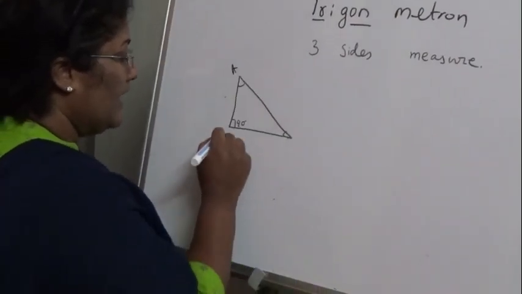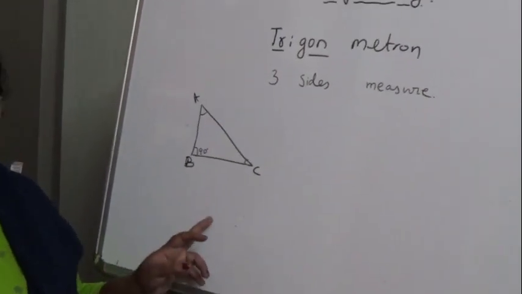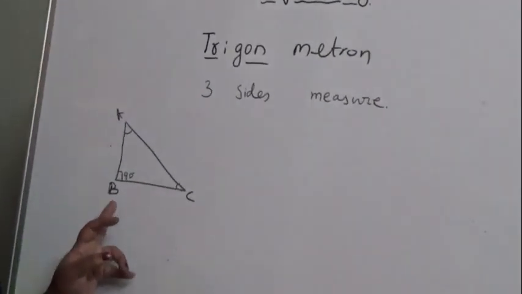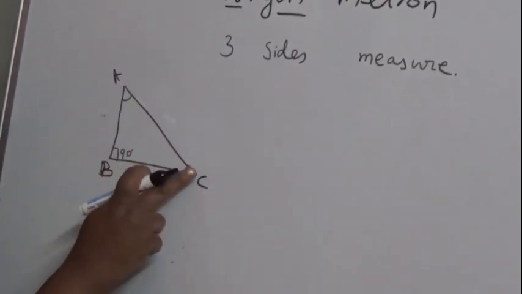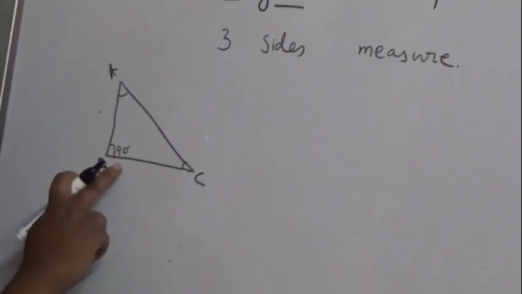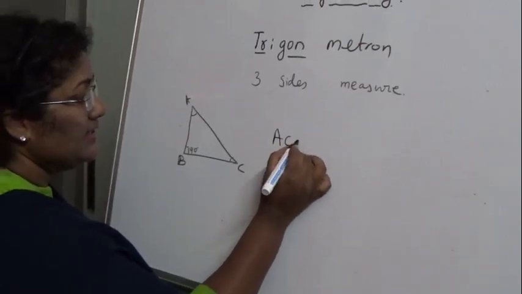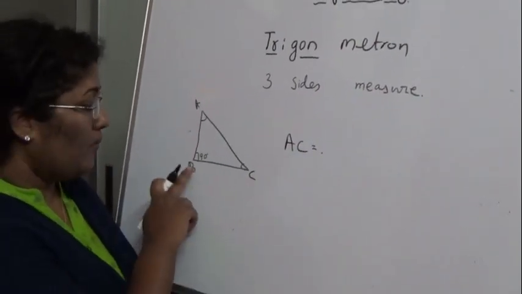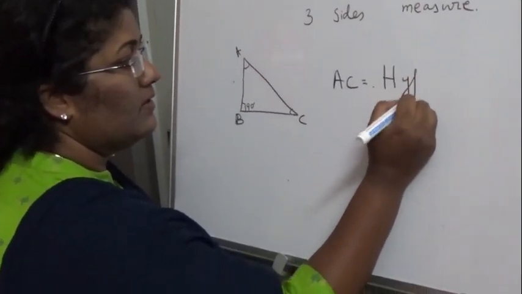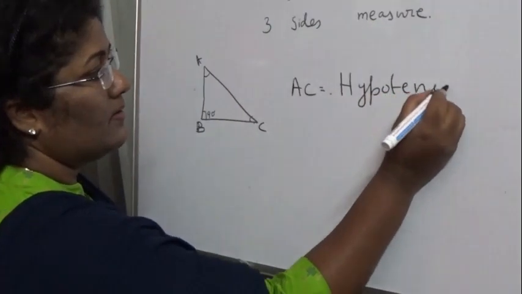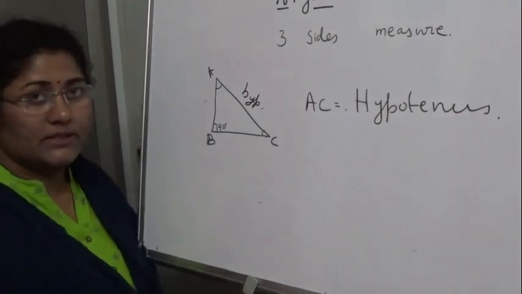If ABC is a right triangle with angle B equal to 90 degrees, the largest side, which is opposite to 90 degrees, is called the hypotenuse. Here AC is the hypotenuse.